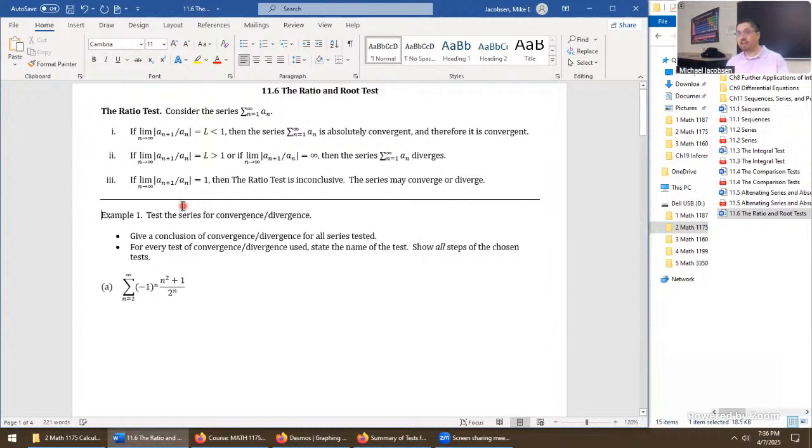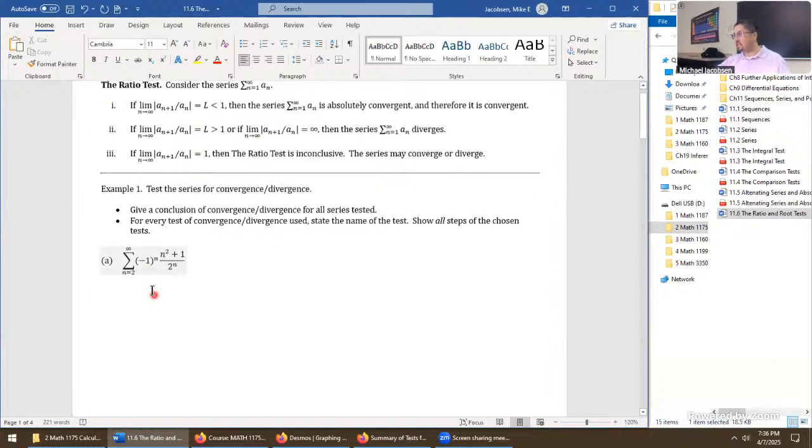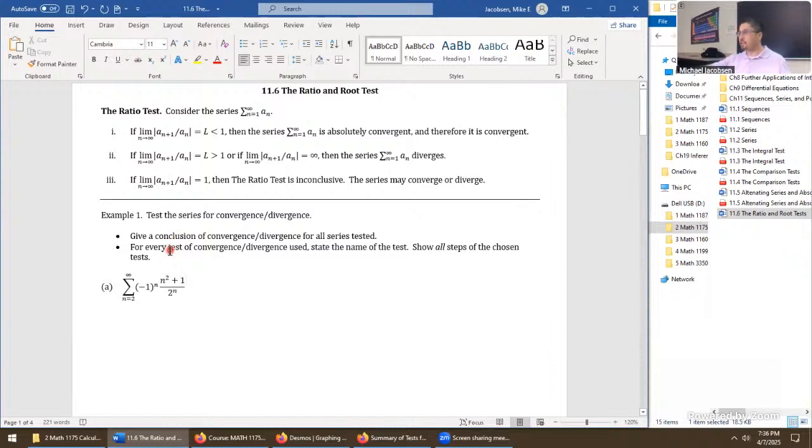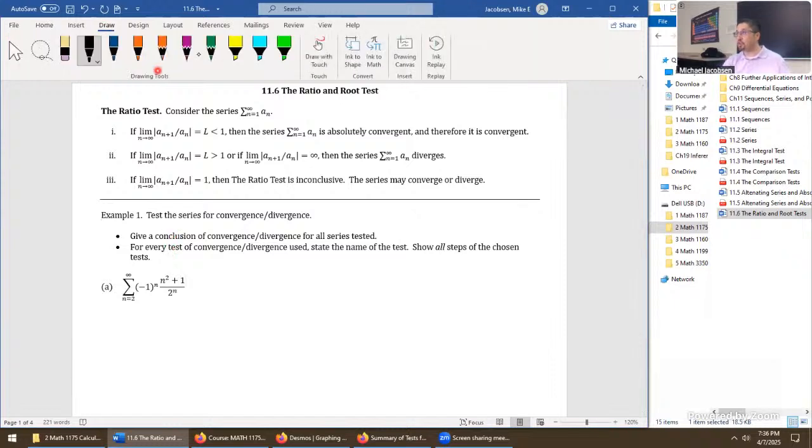So let's give these a try. There's 3 different conclusions we can make. We hope for less than 1 for convergence. Here's a series. And to start this off, here's a great way to organize your work. We have to deal with an n+1th term and an nth term.